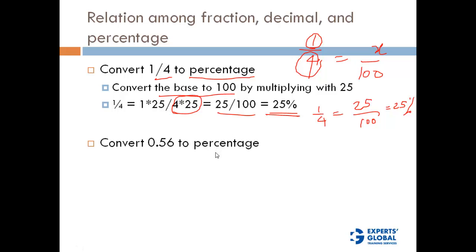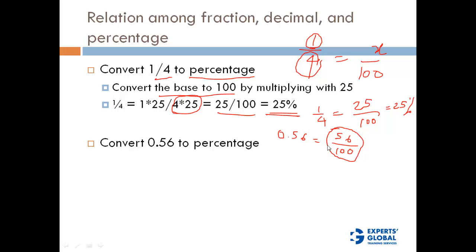Convert decimal to a percentage. Let's see. Convert 0.56 to percentage. First we convert the decimal into a fraction. 0.56, how can we write it as a fraction? We write it as 56 by 100. Now this is a fraction. How do we convert this fraction into percentage?